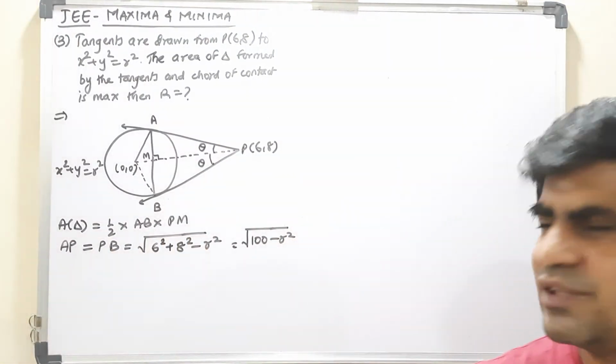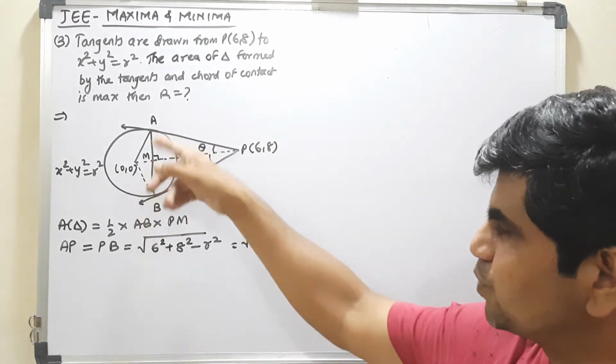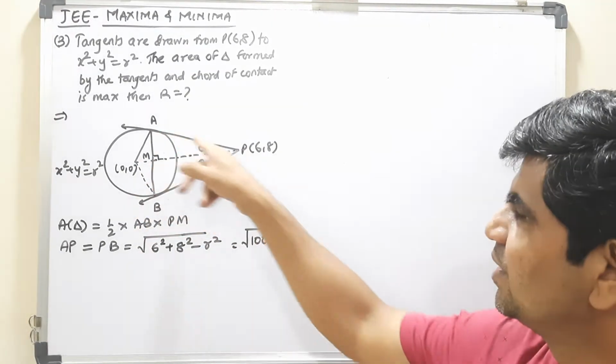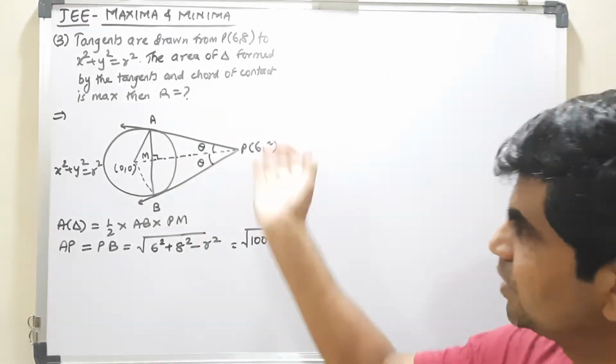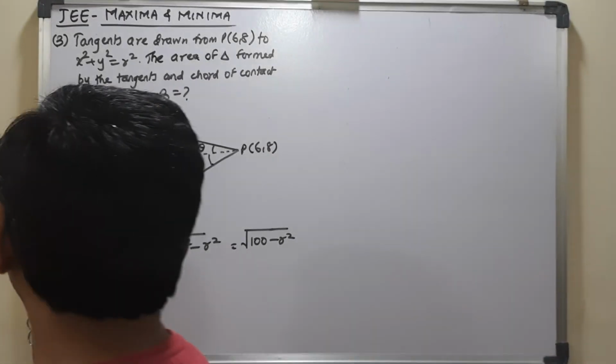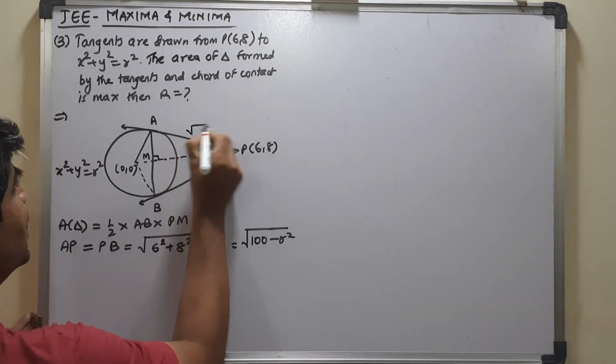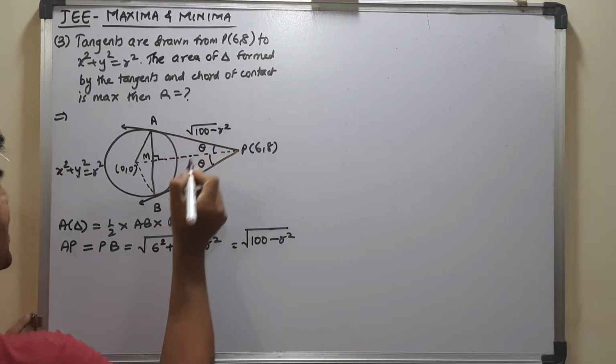If you don't remember this formula, then you can even solve it directly. You take x1, y1, and using Pythagoras you will get this length already. So you got AP and PB both as under root 100 minus r square.